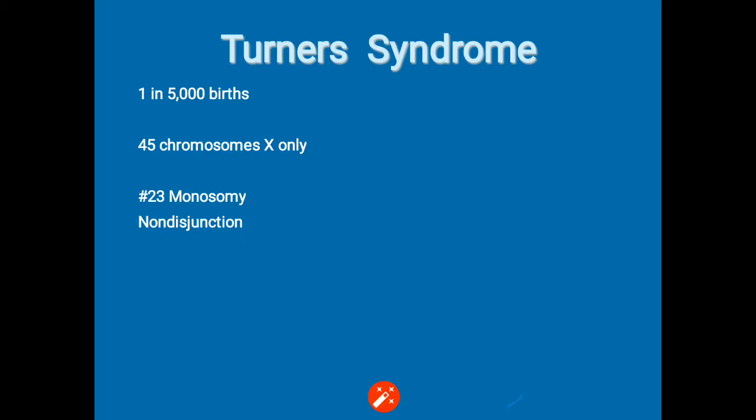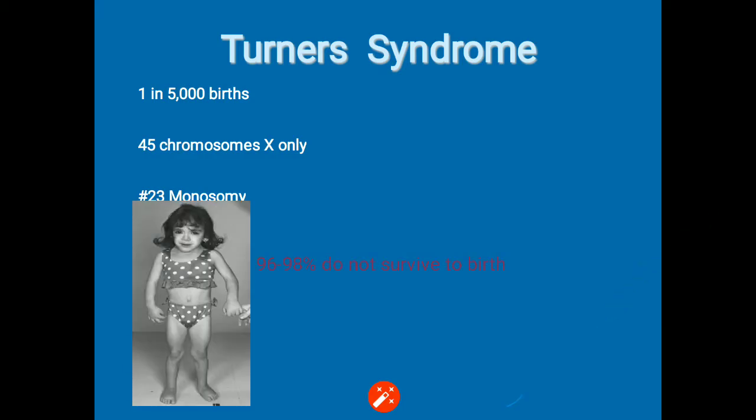Now about the syndromes. First we'll start with the syndrome of sex chromosomes. Syndromes are sets of symptoms. Now this is Turner syndrome, and as you are able to see, in 5000 births only one is Turner syndrome.